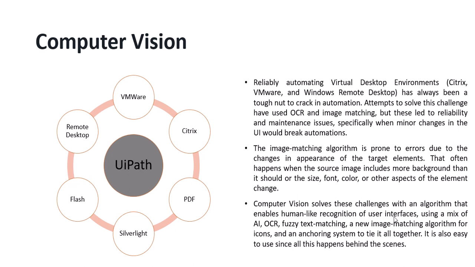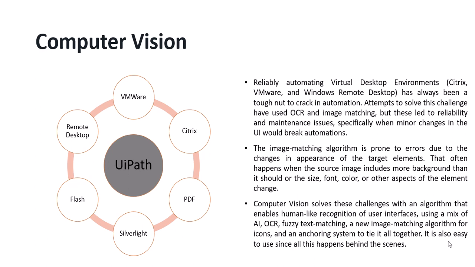Human-like recognition of the user interfaces using a mix of AI, OCR, fuzzy text matching, a new image matching algorithm for icons, and an anchoring system to tie it all together.